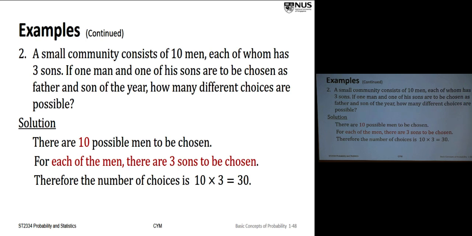You can think of it: choose the father first. That's experiment 1, and there are 10 of them, so I can choose any one of these 10. So there are 10 possible outcomes. And for each father, each of them has 3 sons, so n2 equals 3. So the possible choices will be 10 times 3.